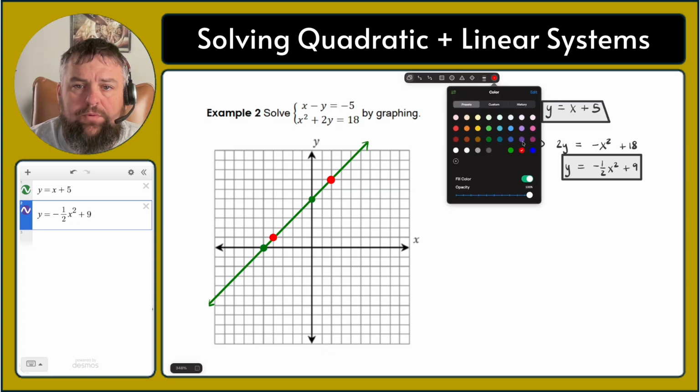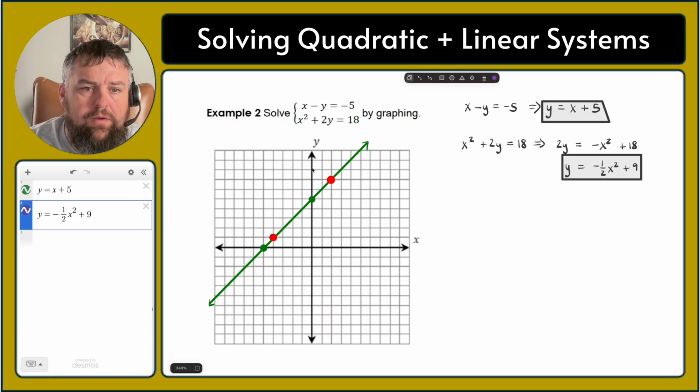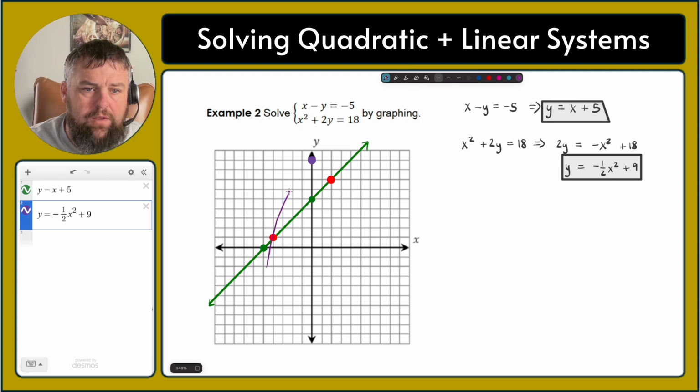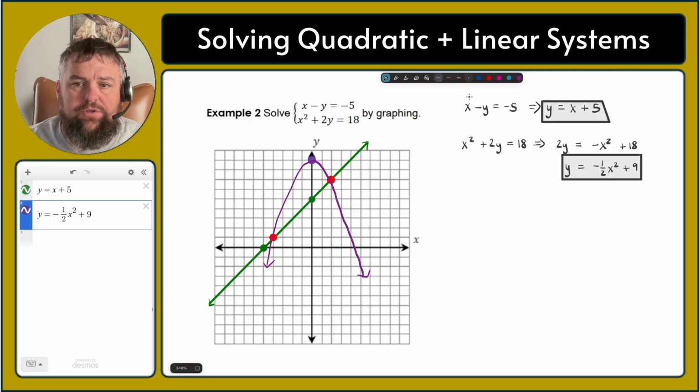So let's go with purple. 5, 6, 7, 8, 9. Right there. Okay, and then we're going to go ahead and connect those dots as well. So the other points, it's not going to be perfect, but getting the idea. So the two solutions that we are looking for are going to be at negative 4, 1 and 2, 7.